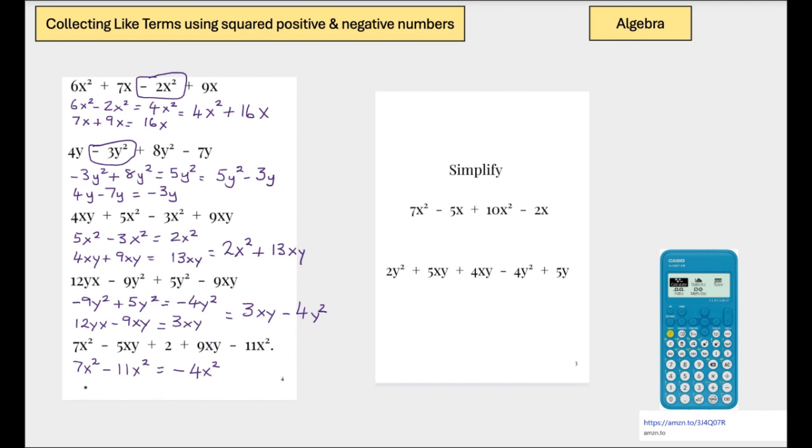So now we have the x and the y. So we have minus 5xy plus 9xy, which equals minus 5 plus 9 is 4xy.